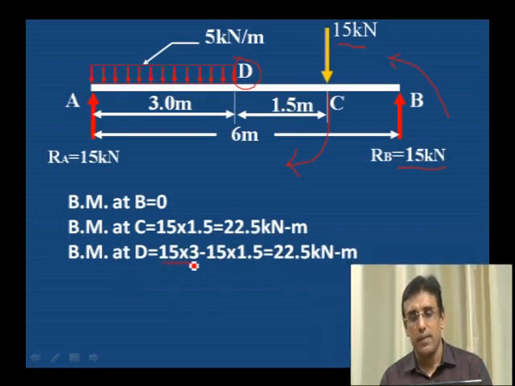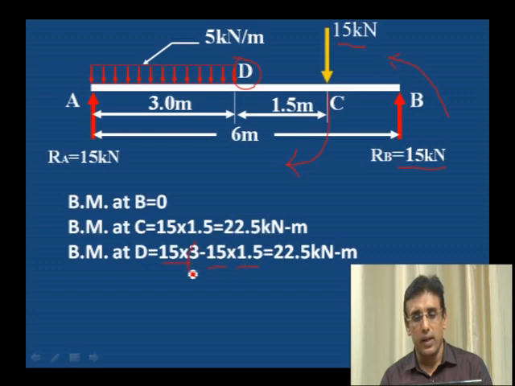Bending moment at D: 15 into 3, where 15 is the RB value, into the distance from B to D. B to D distance is 3 meter, because A to D is 3 meter and the balance is 3 meter, therefore the moment is 15 into 3. Next, one more point load, 15 kilonewton, acting at a distance of 1.5 from D. Therefore 15 into 1.5 is the moment due to the point load.